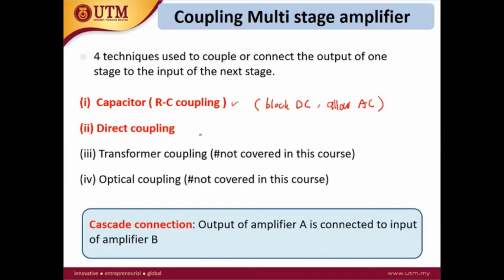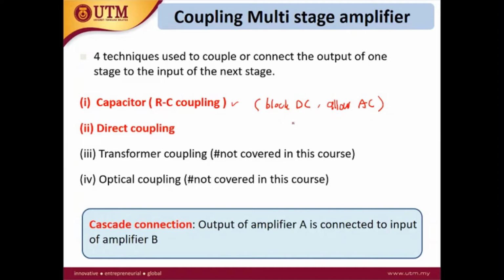Then the other way of coupling is direct coupling. Direct coupling is very simple. We just use wiring to connect the output with the input. This type of coupling will not block the DC, so it will allow both the DC signal and the AC signal.